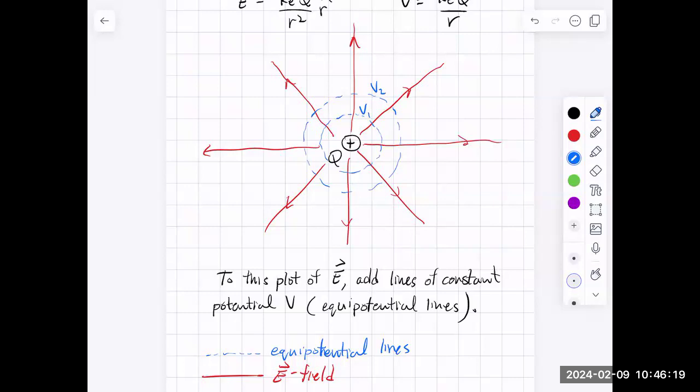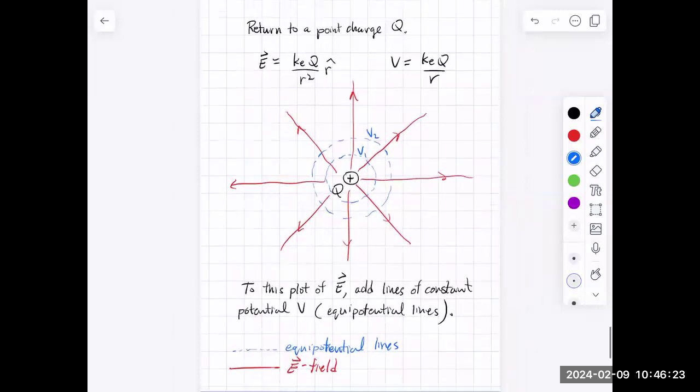So, if I want V3 minus V2 to be equal to V2 minus V1, should my third line be equally spaced? Should it move further away or should it be closer to V2? What do you think?